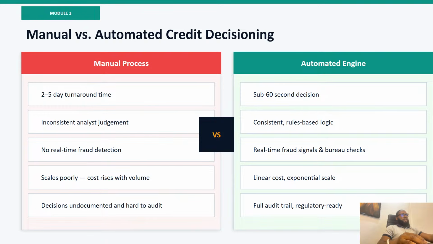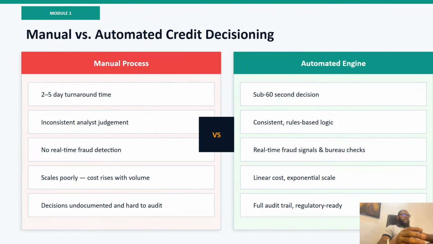And as the volume increases, the cost actually rises because, for example, if they are moving from disbursing 1,000 loans per day to around 10,000 loans per month, right? They would feel they need to get more reviewers, and the scaling is actually very slow, and the decisions are usually undocumented, and it is hard to audit, right?